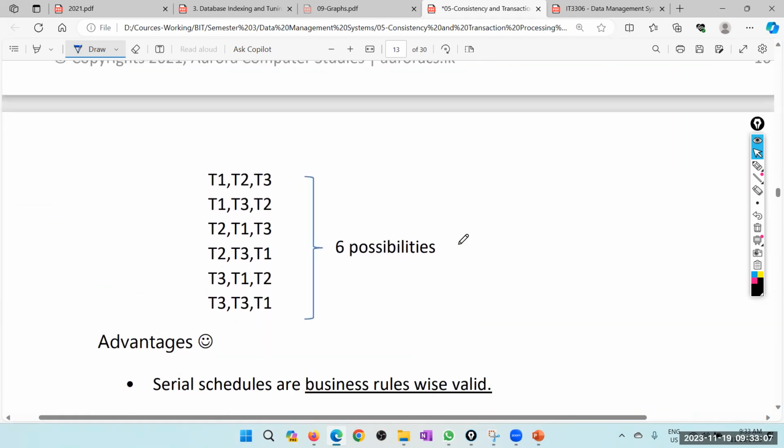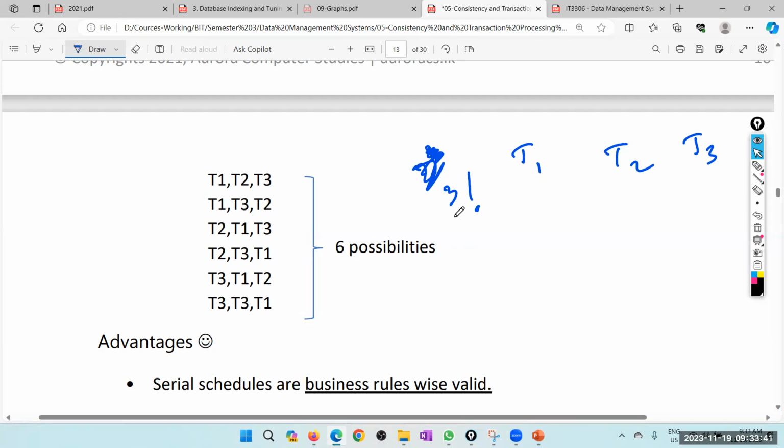And the other thing is, there are multiple possibilities of serial schedules. For example, say we have three transactions, T1, T2, T3. So there are, sorry, not 2 to the power 3, factorial 3 possibilities. 3 into 2 is 6.